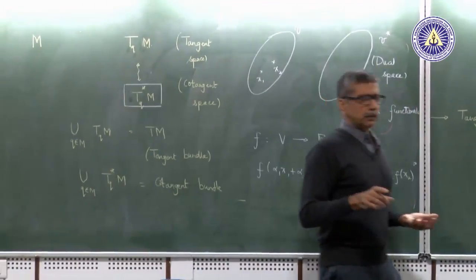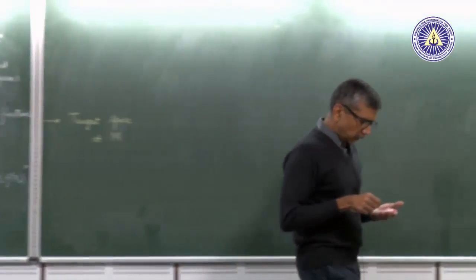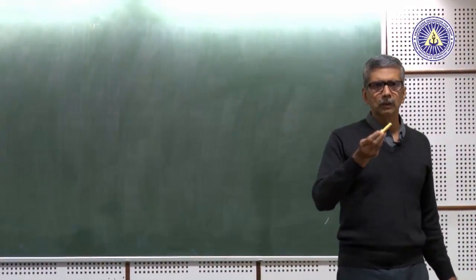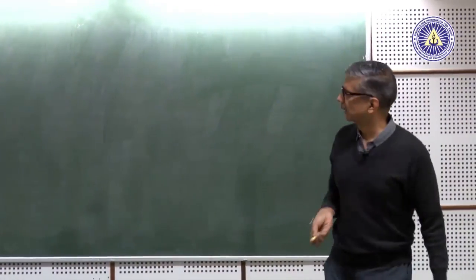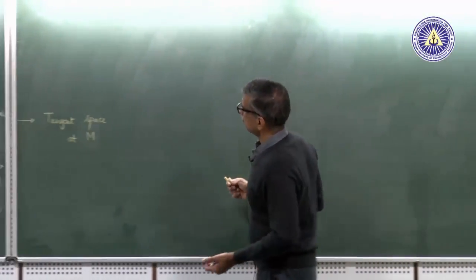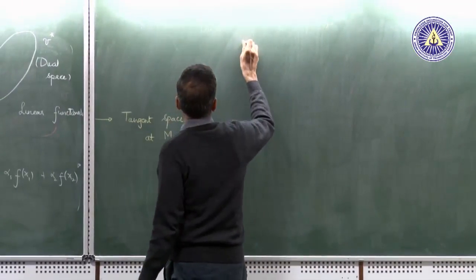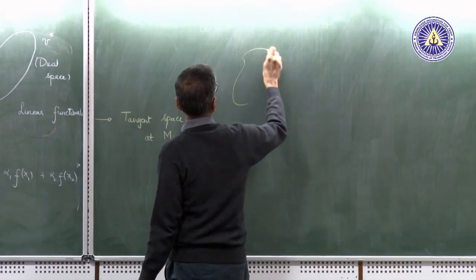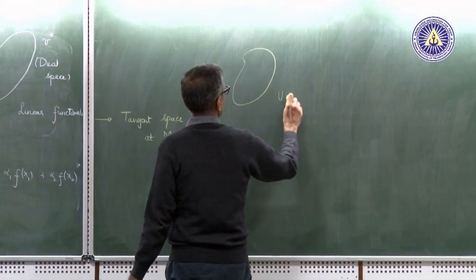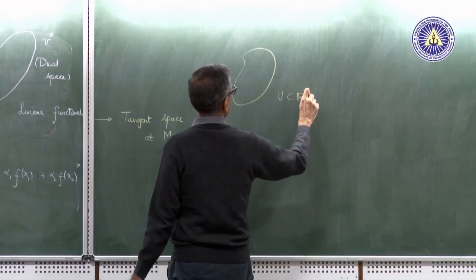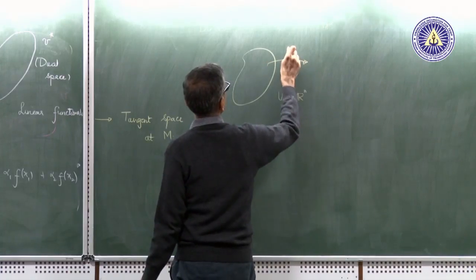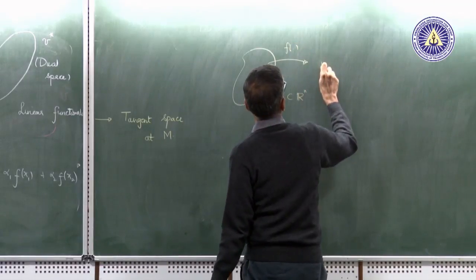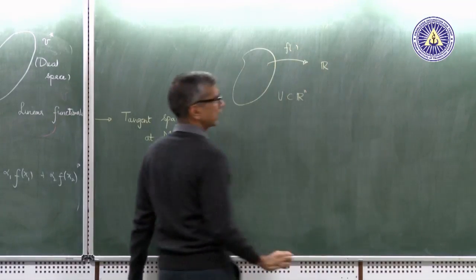So yesterday in the process of doing all Lyapunov theory, we studied something called vector fields. We talked of the drift vector field, control vector field, right? So suppose you were looking at some neighborhood in Rn, and you had a function defined on this neighborhood, f, which takes you to R, some scalar function.